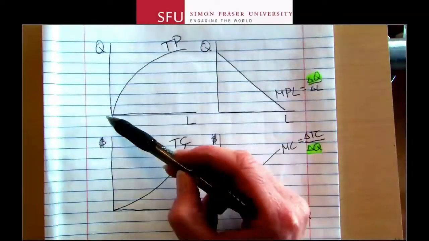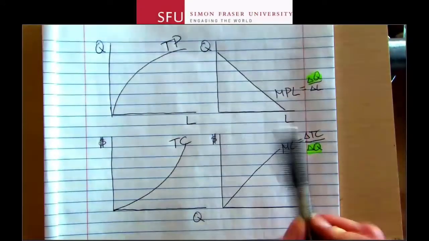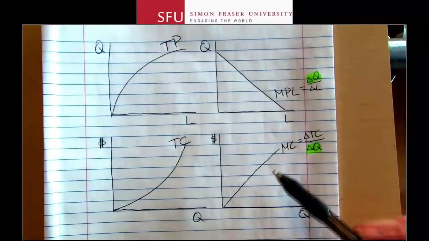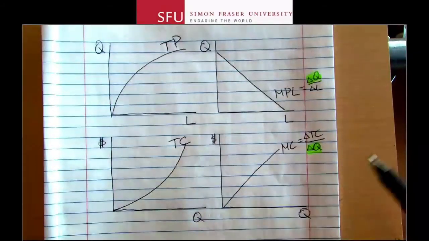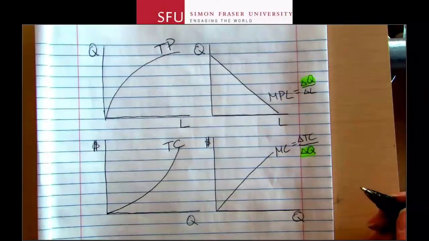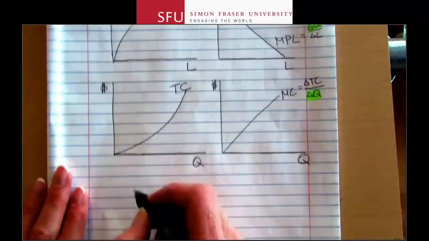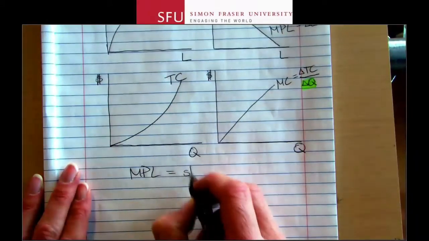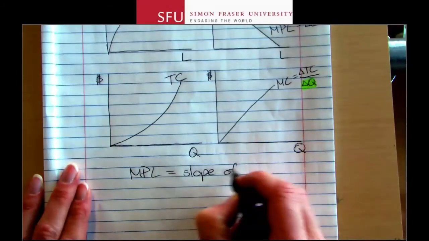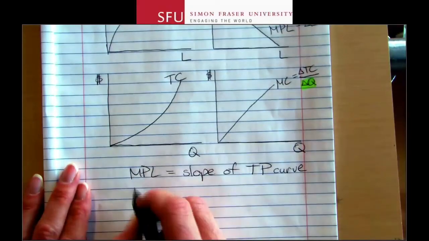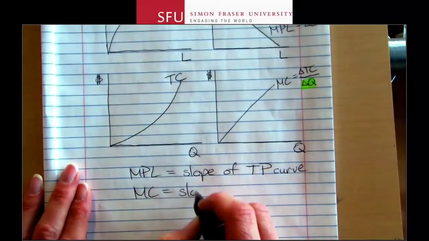So this has a decreasing slope, and this is measuring the slope of this curve, so the slope is getting bigger, increases at an increasing rate. Okay. So I'll just make a note of that down here too. Okay, so MPL is slope of the total product curve, and marginal cost is the slope of the total cost curve.